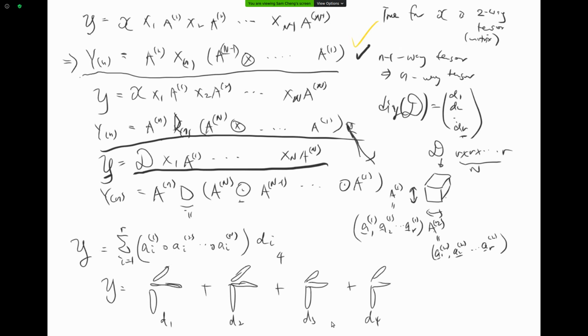Now if I want to look at the mode n matricization of Y, let's say I'm looking at the mode 1 matricization of Y here. Let me clean out some space.